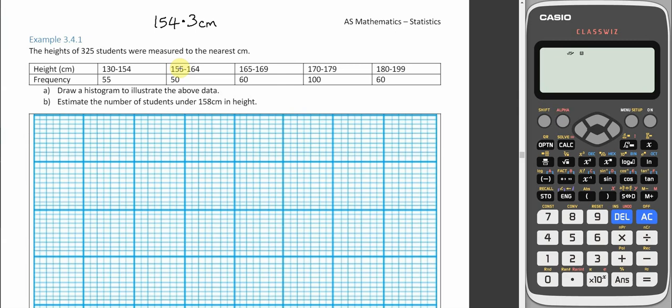Which group would they go into? Well, remember they've been measured to the nearest centimetre. So for that reason, they would go in the first group, because that's nearest to 154. For that reason, we know there are no gaps between the groups.